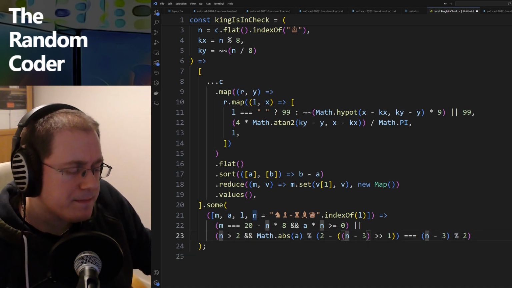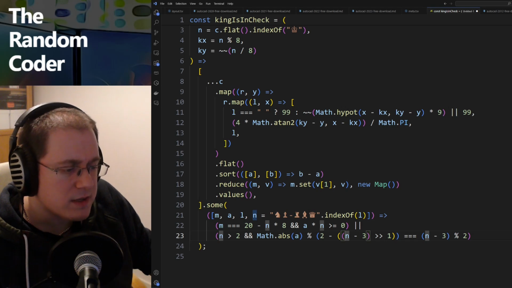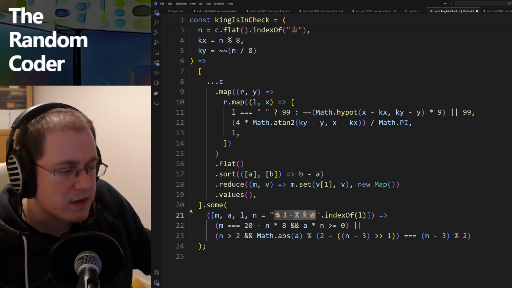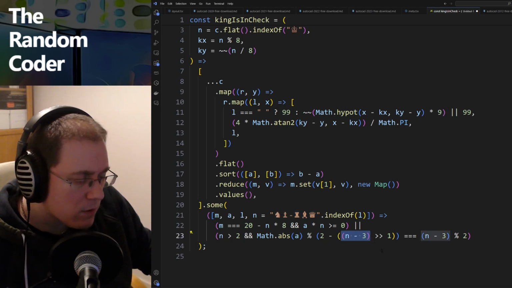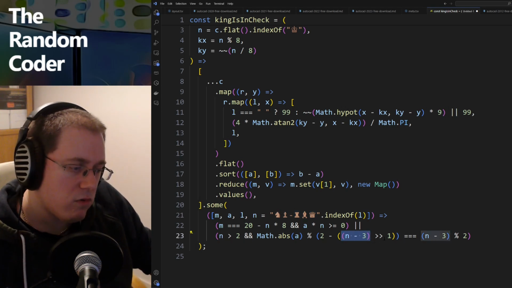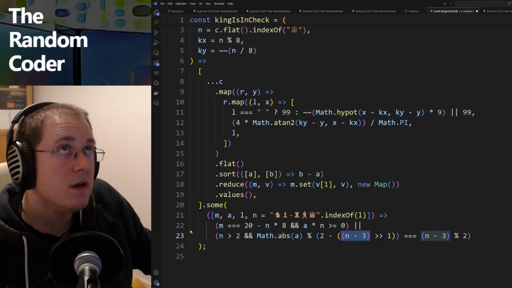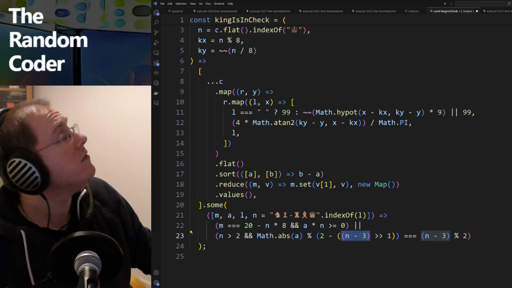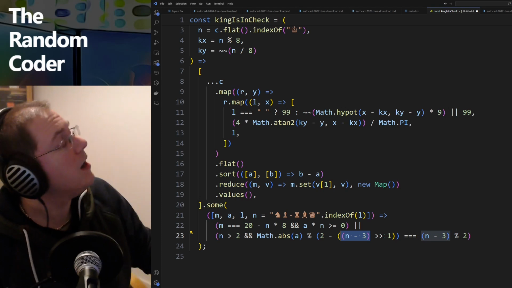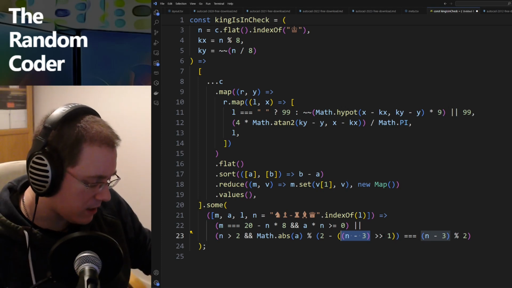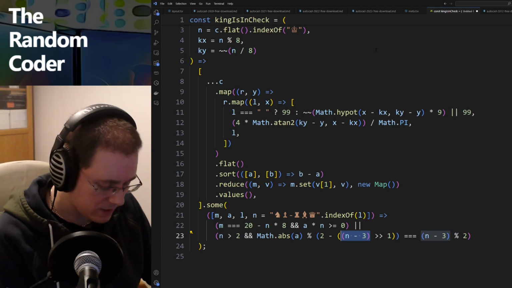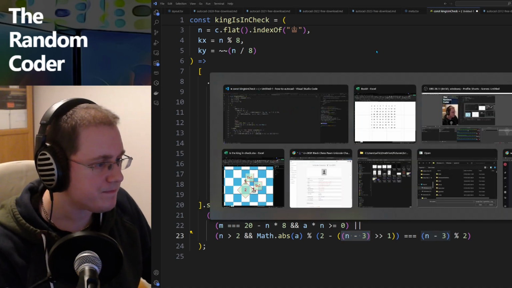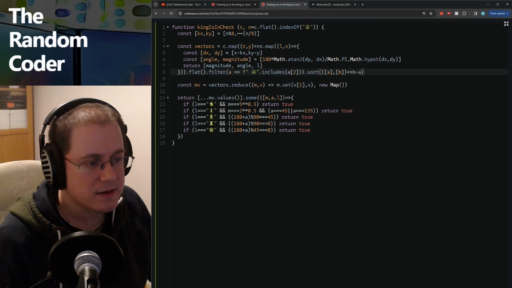n minus 3, right? So that's converting the index to now be a 0, 1, or 2. Right shifted. 0, 1, or 2. Oh, yeah, I remember. I was doing some bitwise thing. I created a truth table because if you think about, what was it in here?